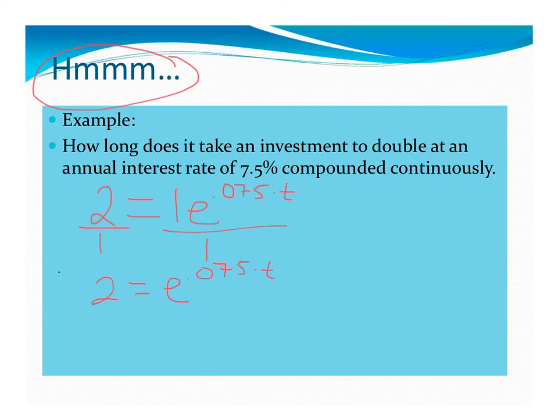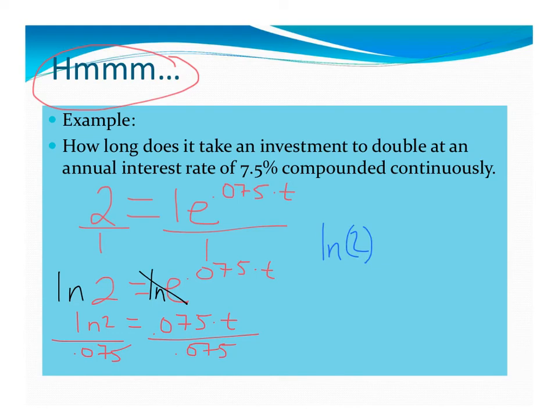Well, then I'm going to take the natural log of both sides because I want to get rid of that e. We've been doing that. So I have the natural log of 2 equals 0.075 times t. And then I divide by 0.075 on both sides. What I'm going to put in my calculator will be this: natural log of 2, close those parens, divided by 0.075.